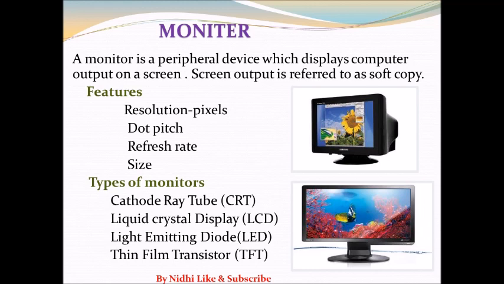The picture on a monitor is made up of thousands of small colored dots called pixels. Monitor resolution is measured in pixels, width by height. For example, 1920 by 1080 means the width is 1920 pixels and the height is 1080 pixels.